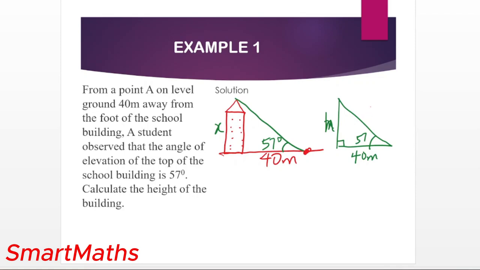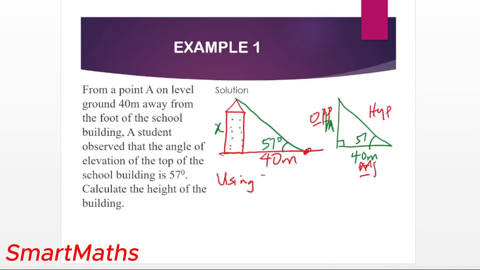This is the hypotenuse, this is the opposite, and this is the adjacent. Since what we are looking for is the opposite, and we are given the adjacent, we are going to make use of O and A, which means we are using TOA. Don't forget what we use. If you have not mastered trigonometric ratios, you have to go back.